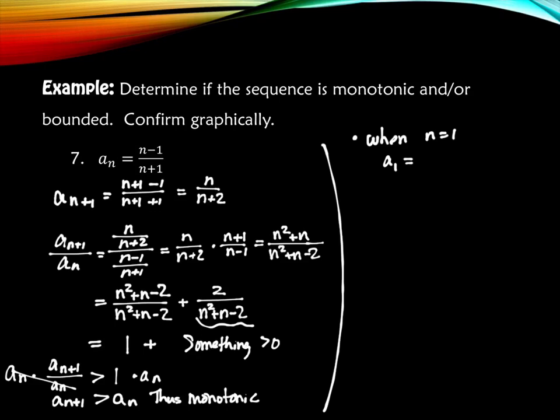So a sub 1 would be, well, I'll put it in, 1 minus 1 over 1 plus 1. So I have 0 over 2, or 0. So it's bounded below by 0.